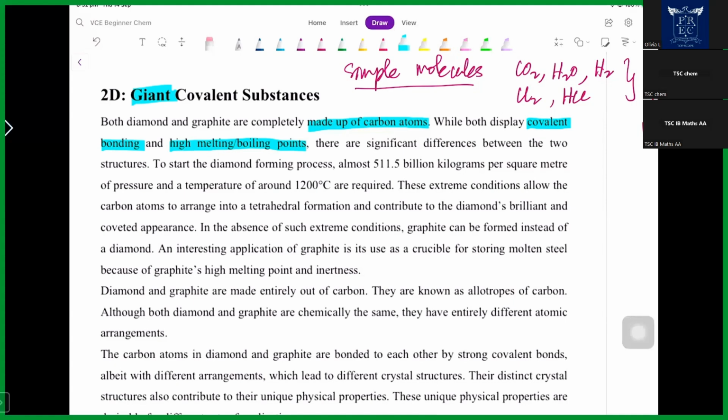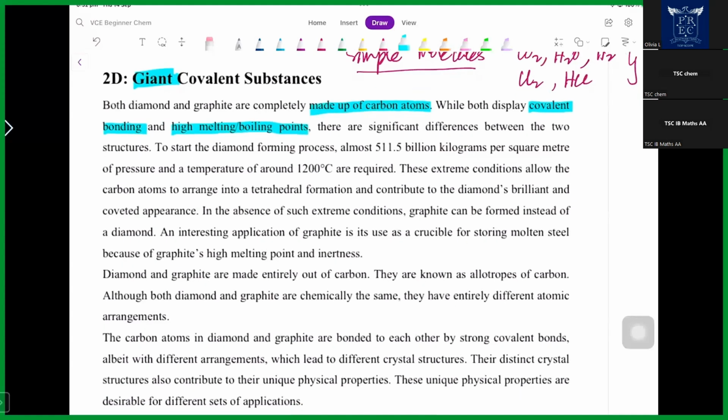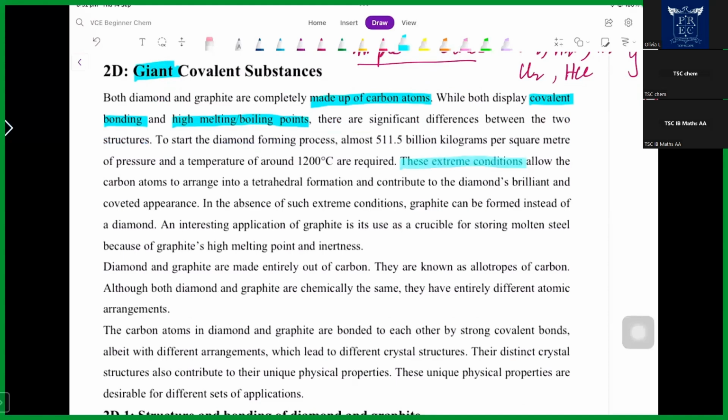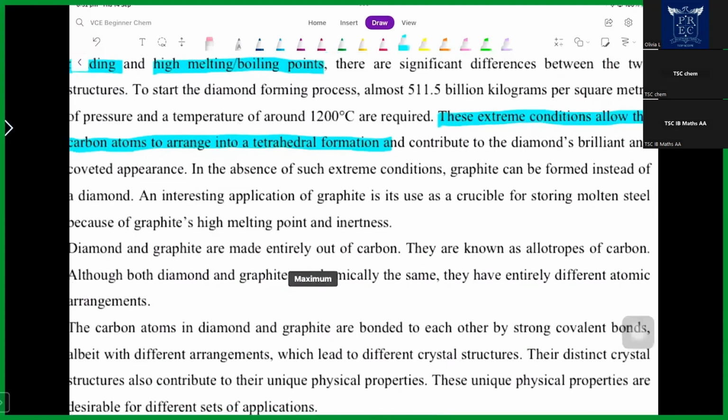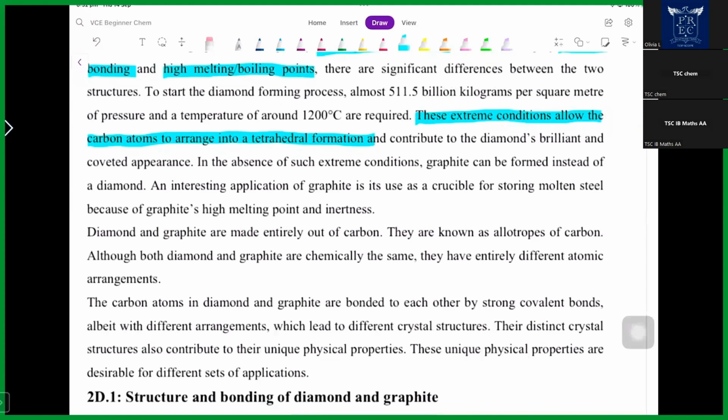They say that to start the diamond forming process, it requires extreme conditions. These extreme conditions allow the carbon atoms to arrange into what we call a tetrahedral formation, and that will form a diamond. In the absence of such conditions, graphite can be formed instead of a diamond.